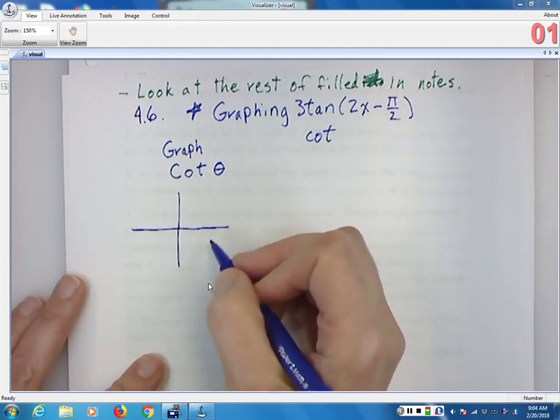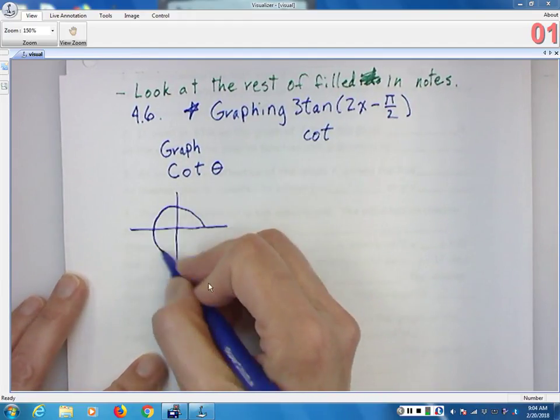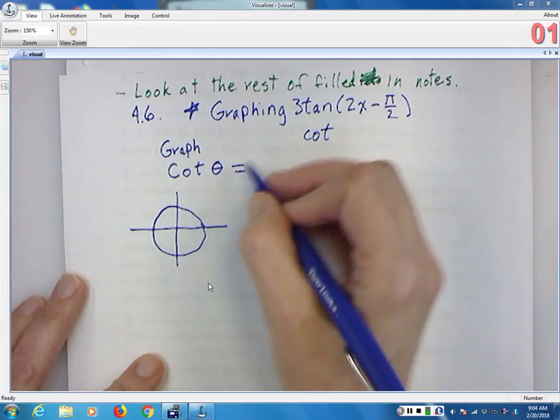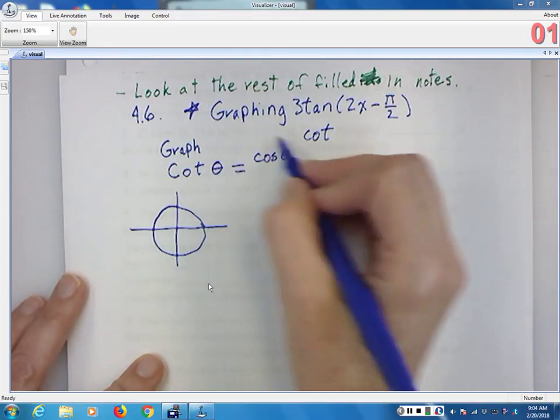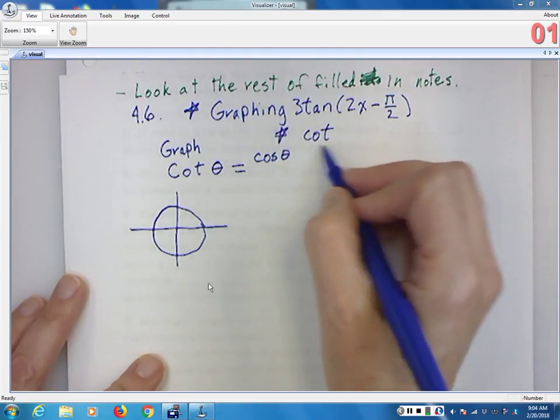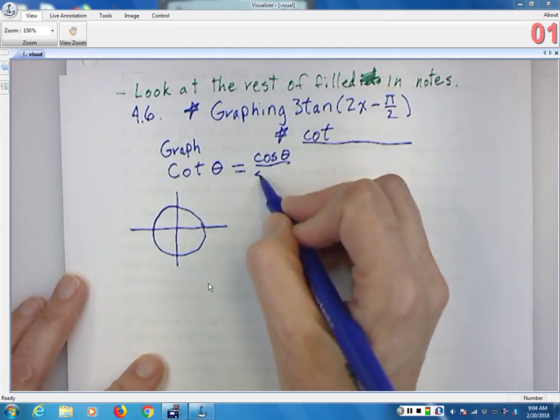A complete cycle of cotangent happens. Cotangent is cosine theta over sine theta.